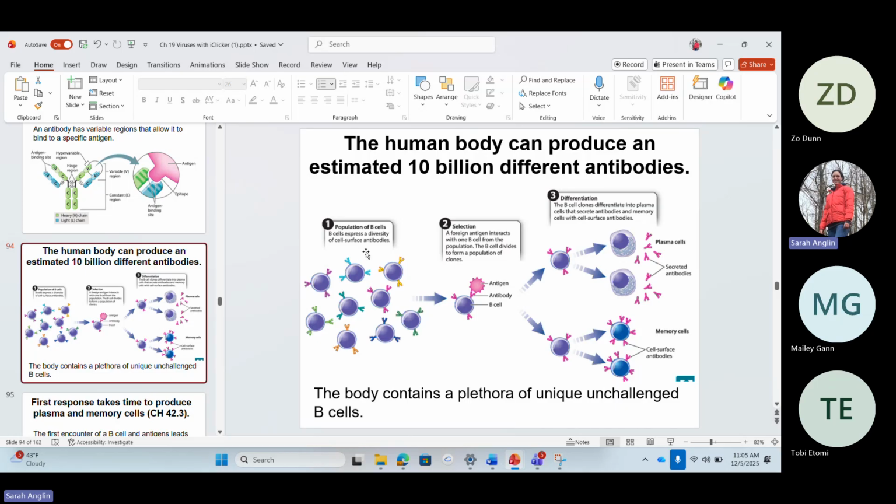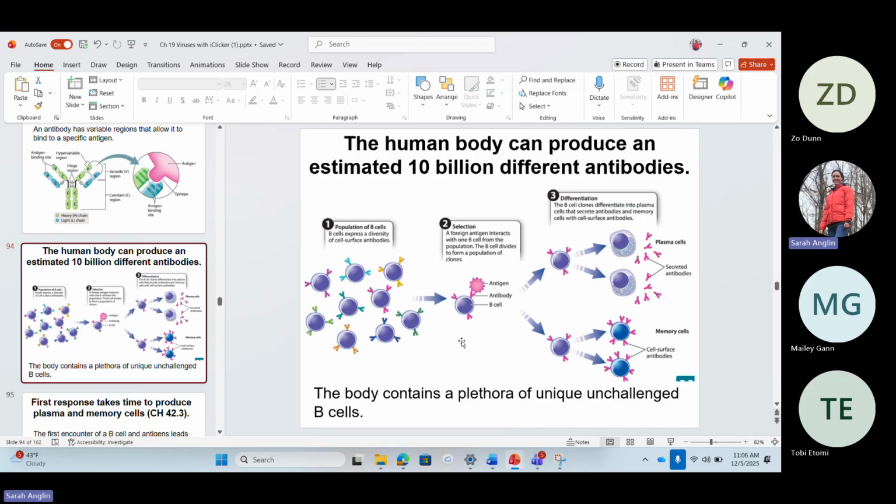They are there simply to identify that something's there that should not be there. There's an invader in the body. So once they come in contact with an antigen that is part of a virus or a bacterium, they're able to bind to it. In this example, this B cell with this antibody type has a region that can bind with this antigen, this intruder.